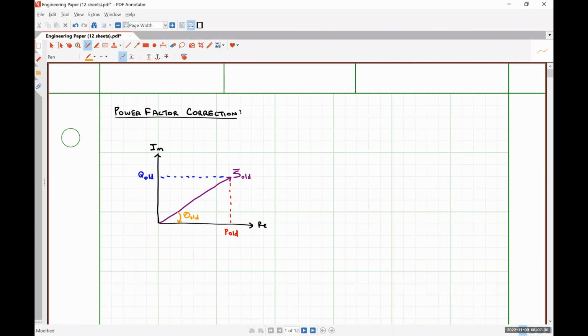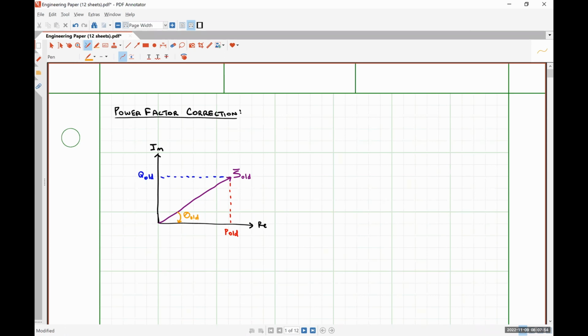So if we want our load here to operate at a better power factor, or a power factor that is closer to 1, do we want that angle theta to become larger or smaller? Smaller, because cosine of 0 is 1.